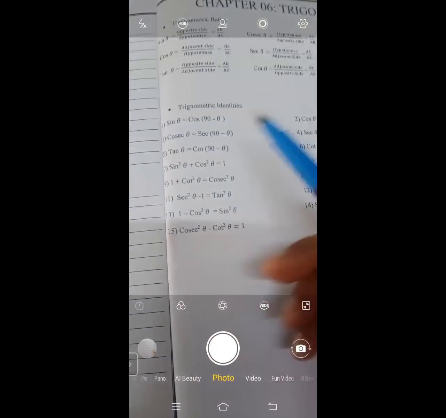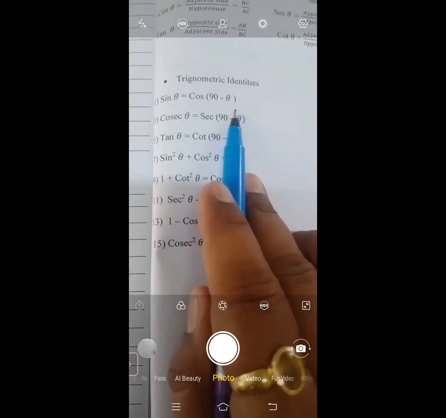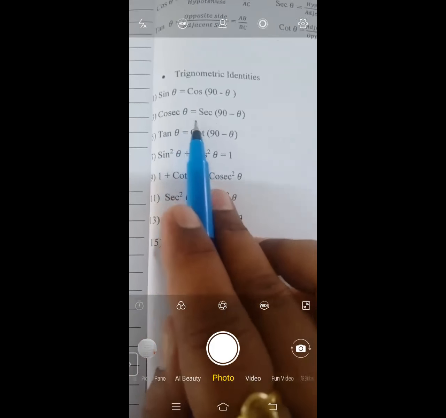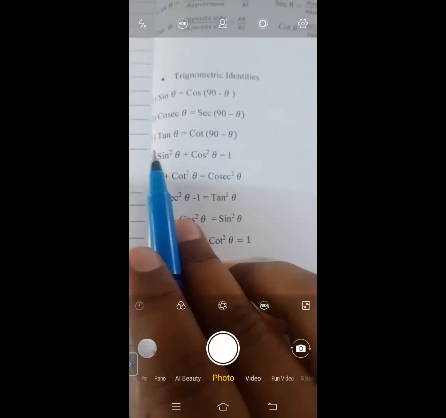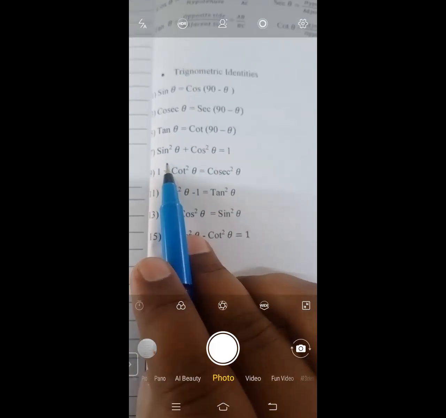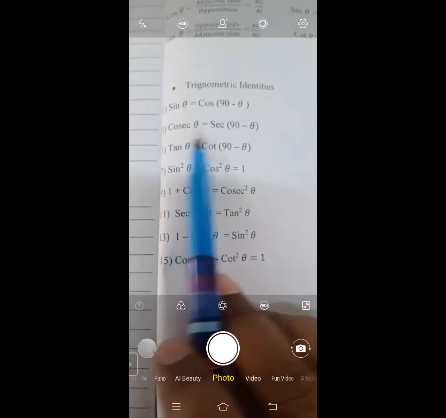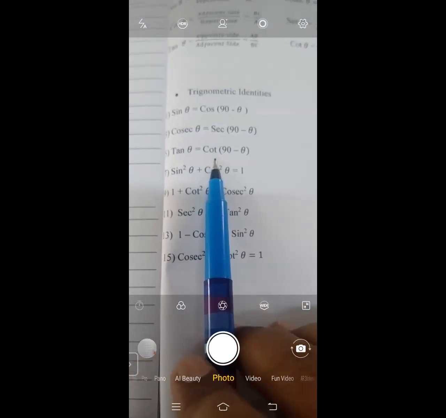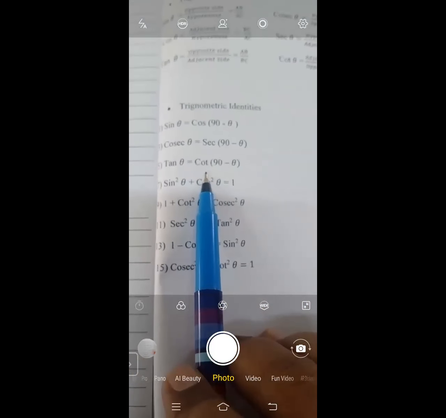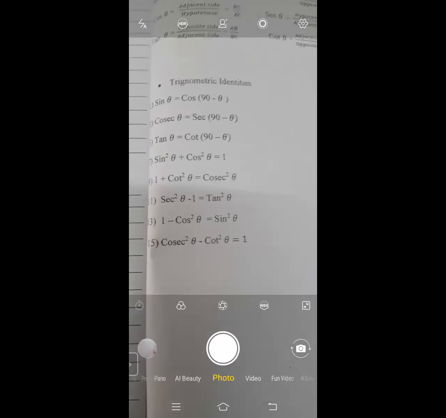So these are some trigonometric identities. Sine theta is equal to cos 90 minus theta. Cosec theta is equal to sec 90 minus theta. Tan theta is equal to cot 90 minus theta. You know that sine and cos, cosec and sec, tan and cot form complementary angles to each other.